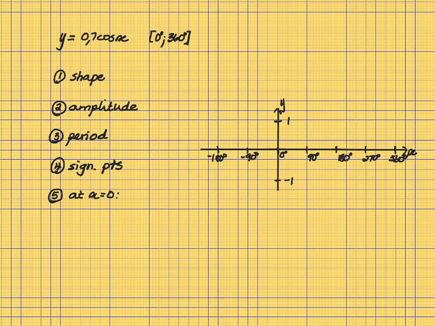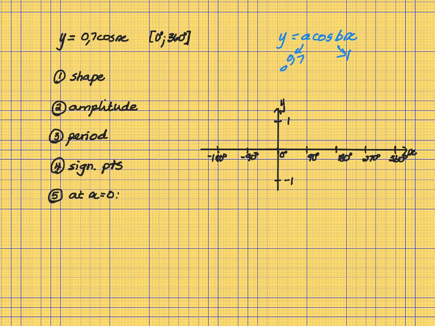You need to draw a sketch graph of the function y is equal to 0,7 cos x for the interval 0 to 360 degrees. So let's go through those 5 points. If you bear in mind the general function y is equal to a cos bx, in this case b is 1 and a is 0,7.